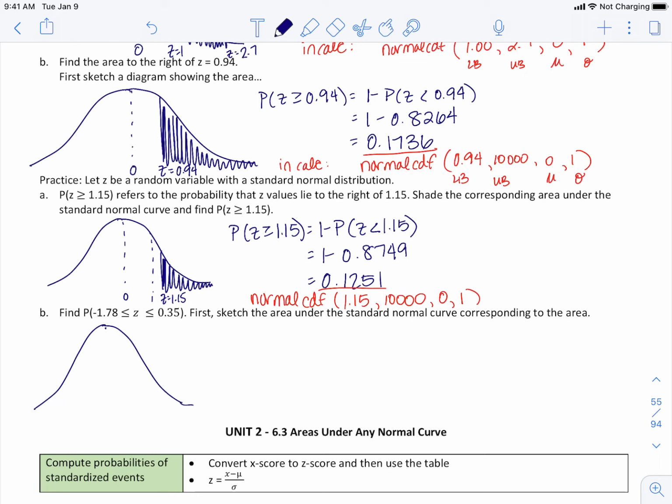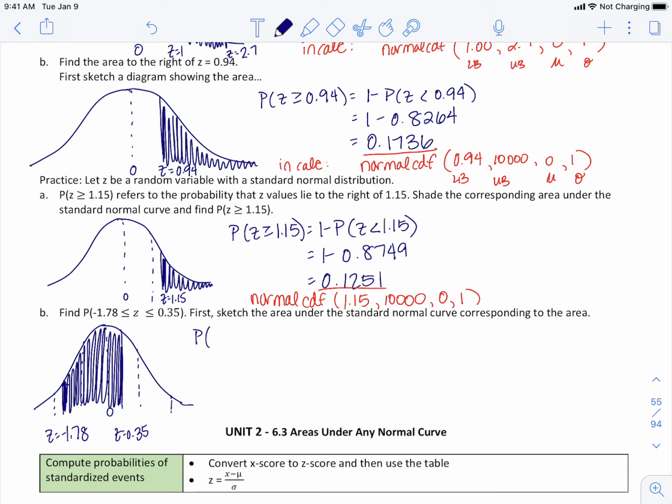All right, so here's our 0. This is about -1 and +1. Here's -2, +2 about. So we got negative 1.78, so we're about here. And positive 0.35, so it's about here. So we're finding this area under the curve for the probability.